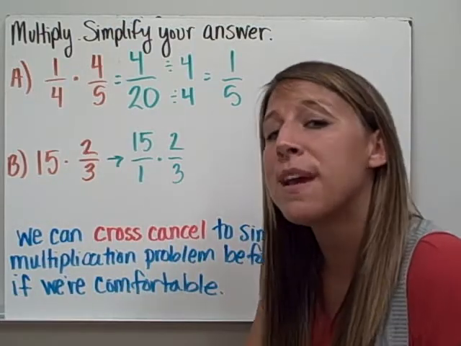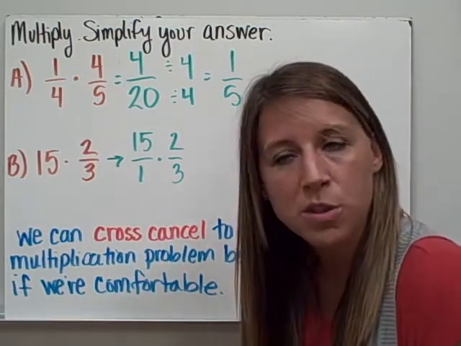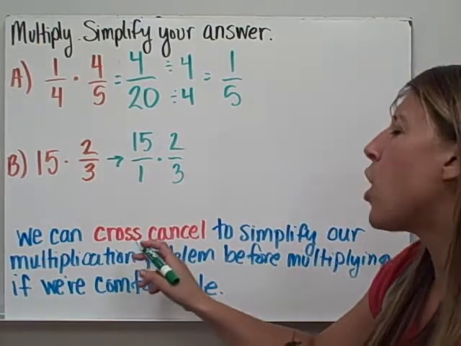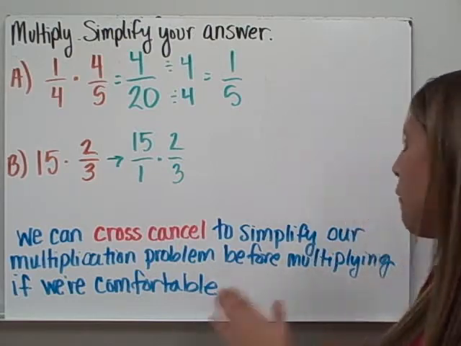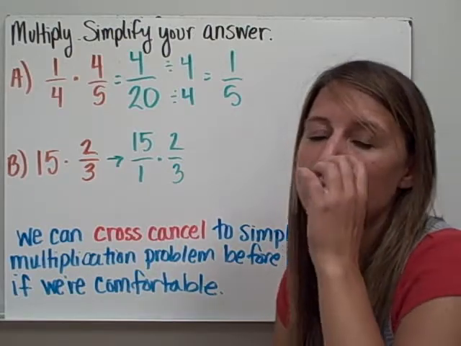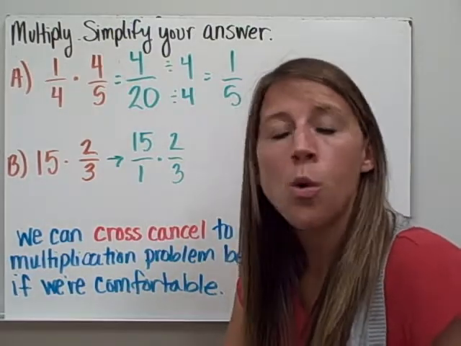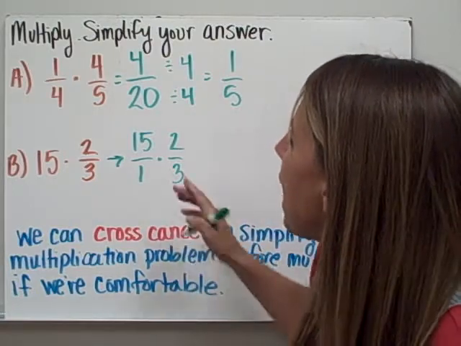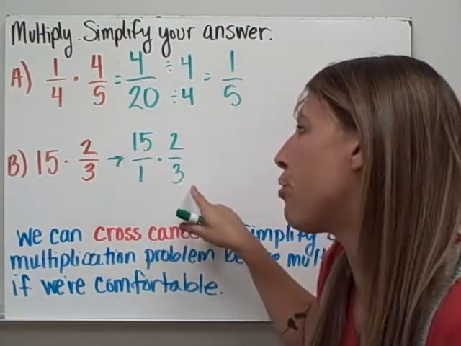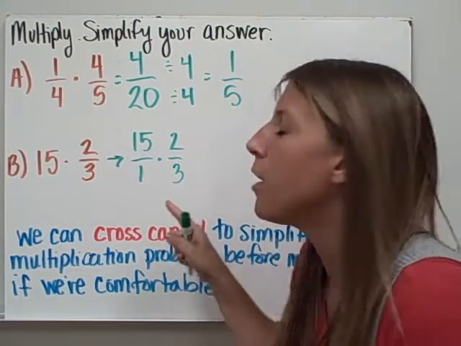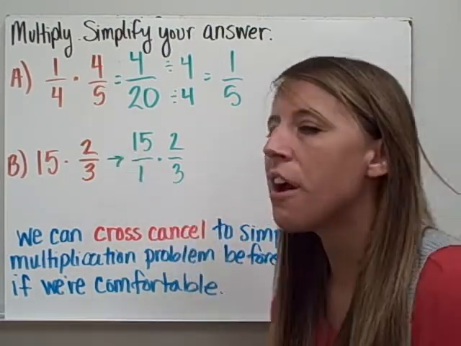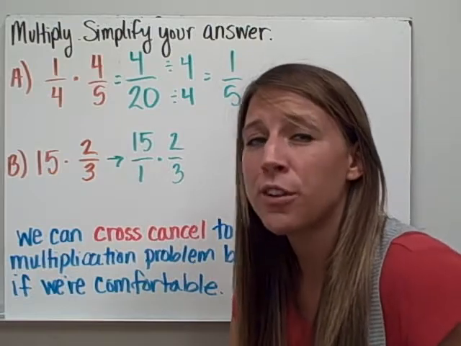So one thing that we can do that we didn't do up here, because it's not 100% necessary, but it may make our lives much easier if we're working with larger numbers. We can do what is called cross-canceling to simplify our multiplication problem before multiplying it. Now you can do it if you're comfortable, and if you're not, we'll work on it later. But if I look at 15 and 3, they are across from each other in this kitty corner kind of pattern. 15 and 3 share a common factor of 3.